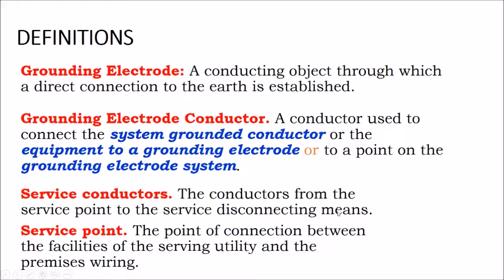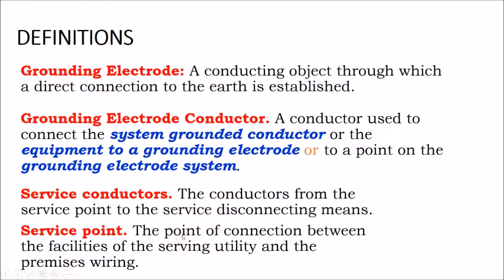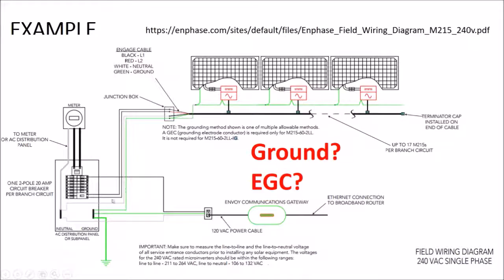So they may be talking about from the transformer up to that meter itself, and the point of connection between the facilities of the utility and the premise wiring being the service point. And usually it's governed at that meter.